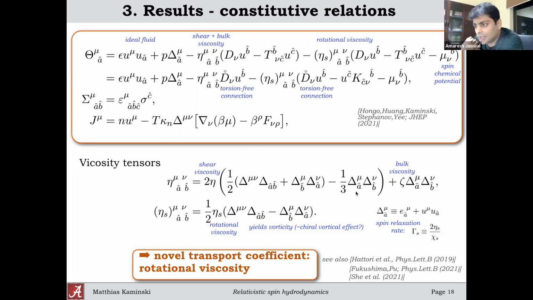So okay, this is antisymmetric under exchange of mu nu and alpha beta, right? I'm wondering whether we need to add and subtract the trace part here for this rotational viscosity. Yeah, that's a good question. Like rotational shear and rotational bulk, I'm just wondering.